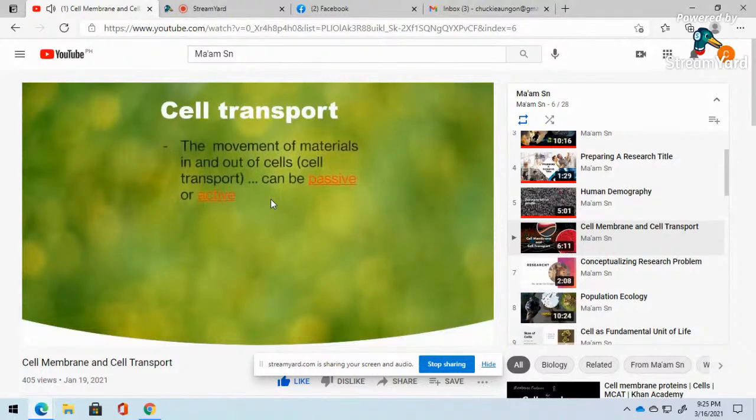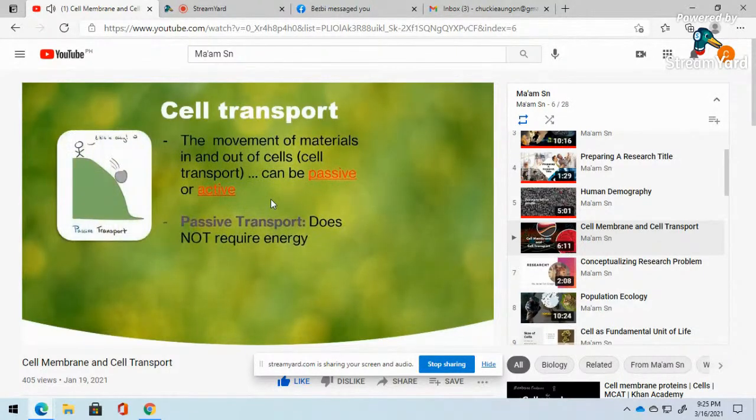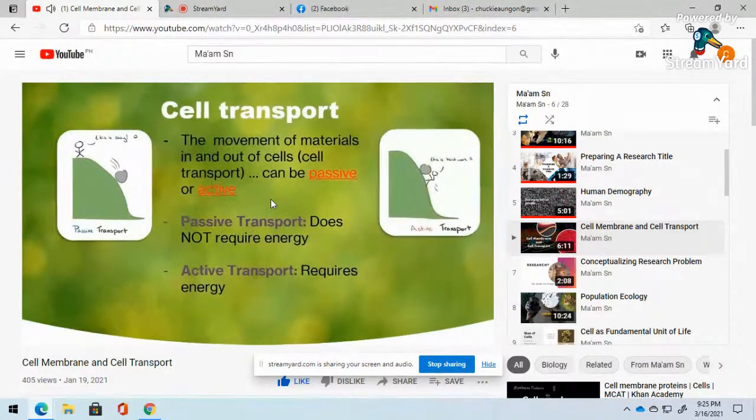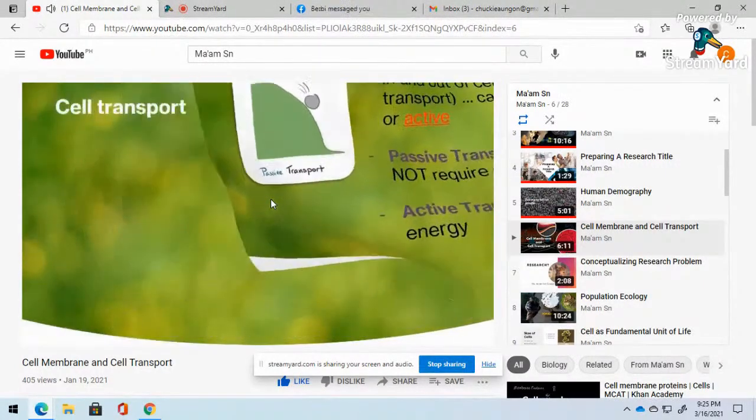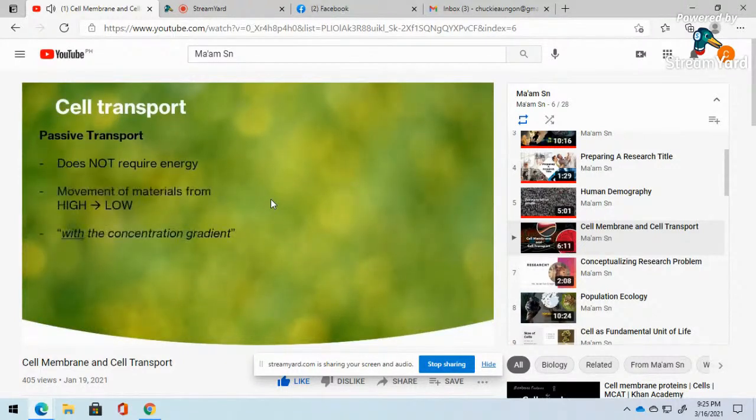The movement of materials in and out of cells, or cell transport, can be passive or active. Passive transport does not require energy, and materials move from high to low concentration.